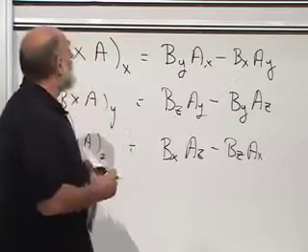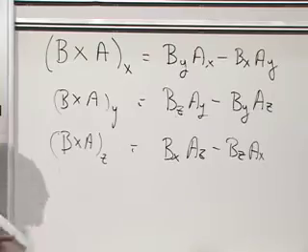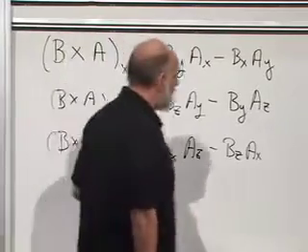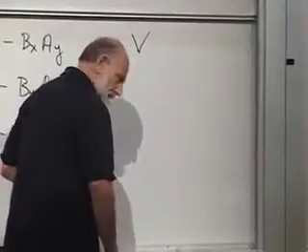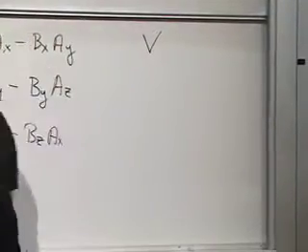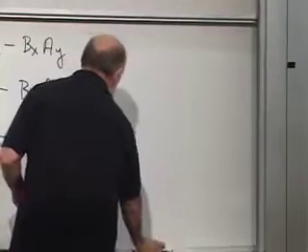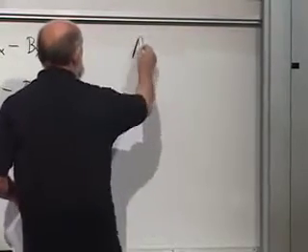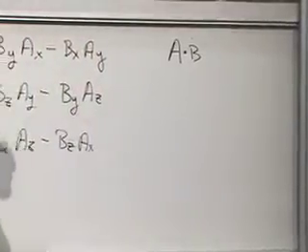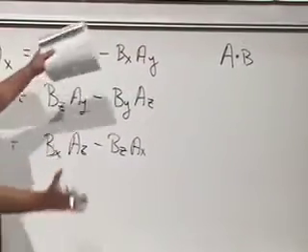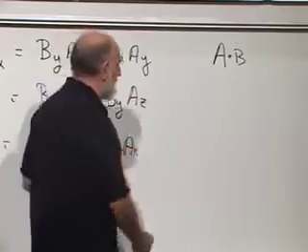Okay? Now, another way of multiplying two vectors together is the dot product. The dot product of two vectors, A dot B, is a scalar, and it only has one component. It's the same in every reference frame, or the same when you rotate the reference frame.